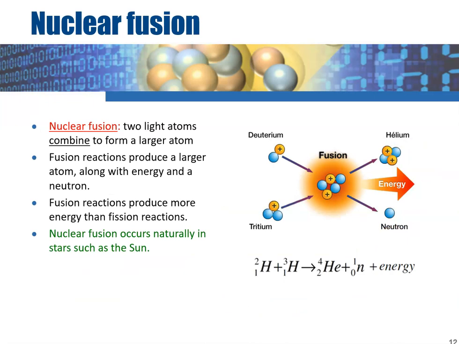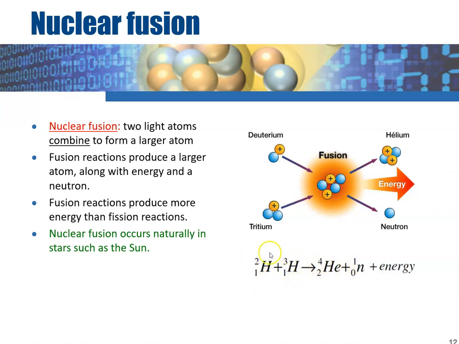Nuclear fusion is the opposite of nuclear fission. In a fusion reaction, 2 light atoms combine to form a larger atom. Here we have a type of hydrogen called deuterium and a type of hydrogen called tritium combining to form helium. You can see that we have 2 smaller atoms, a 2 and a 3, forming a 4.